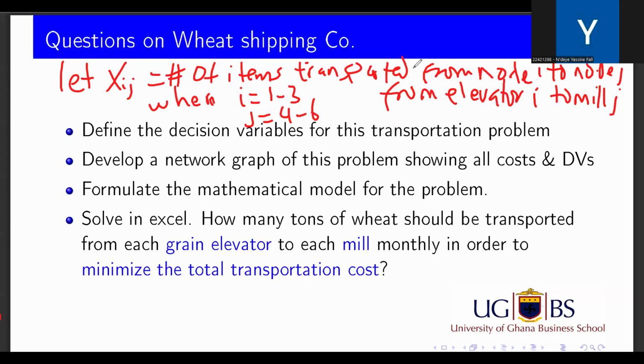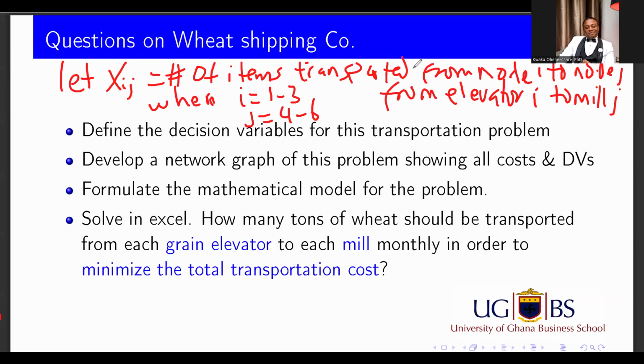Either one is fine. In fact, the first one is better, because later on when we add transshipment nodes, which are quite different, it can be confusing. So it's always good to keep it simple, node I to node J. But you have to indicate how many are the I's and how many are the J's.